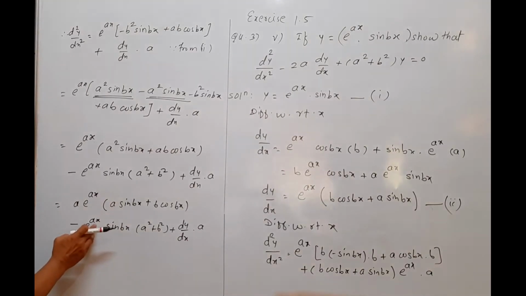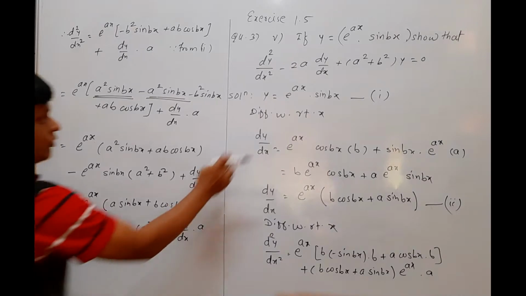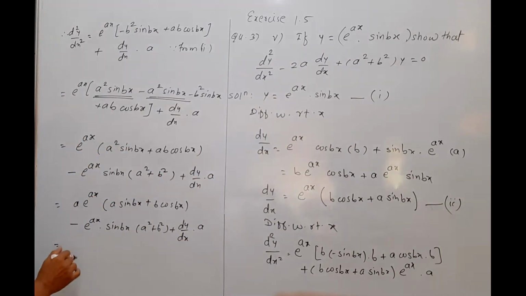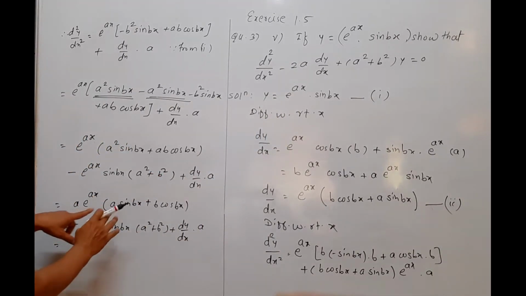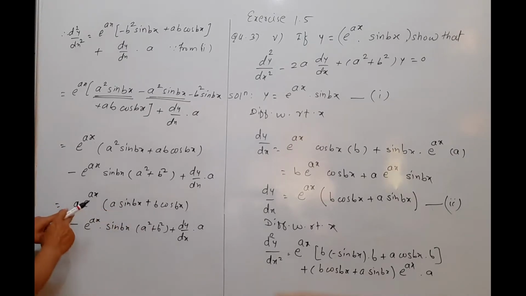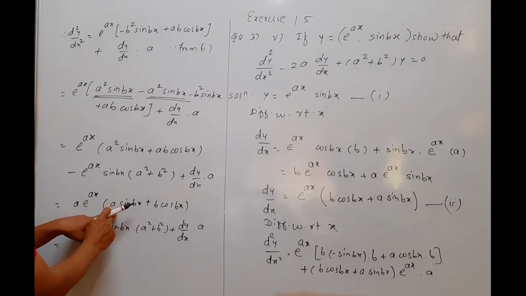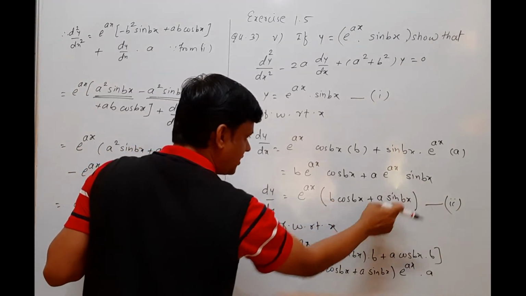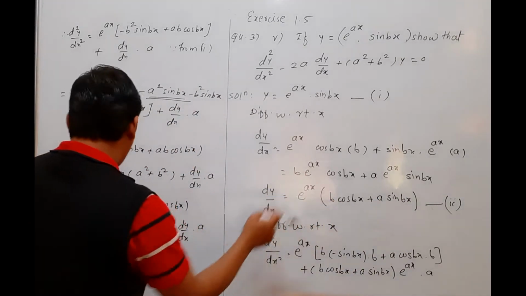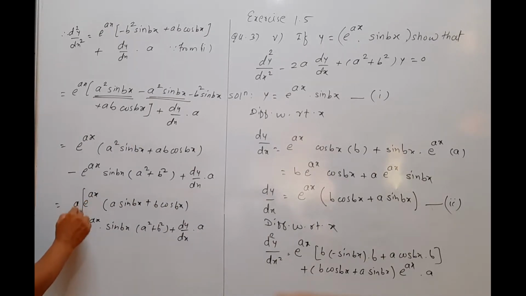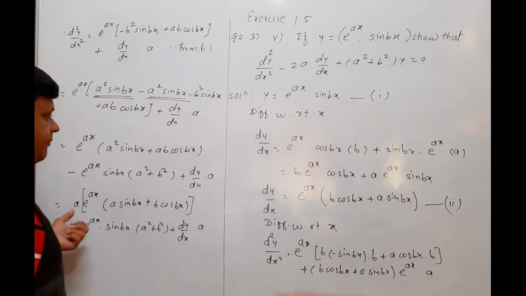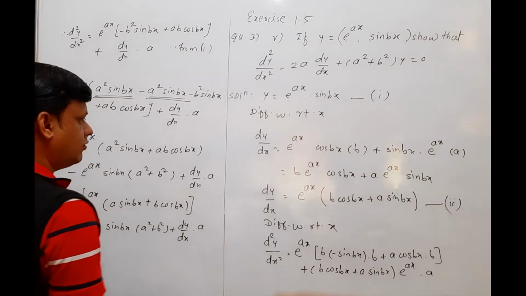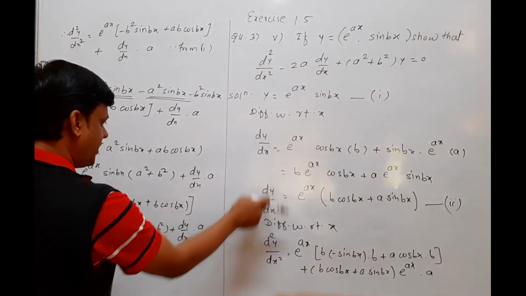So this e raised to the power x into sin bx, from equation 1 we replace by y, and this bracket, a sin bx plus b cos bx, into e raised to the power x, that means this term we replace by dy by dx.